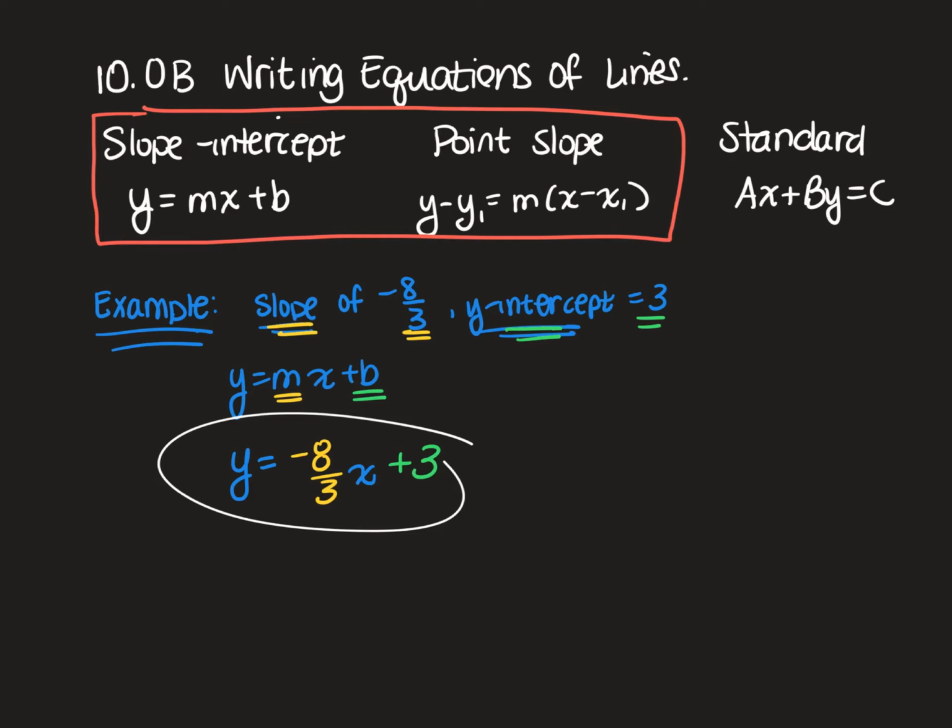All right, let's try one where we're given something slightly different. Let's say for this example, we are given a slope of -1/3, and it goes through the point -4, 3. Now this time that -4, 3 is not a y-intercept, so I probably wouldn't want to use my slope-intercept form of the equation.